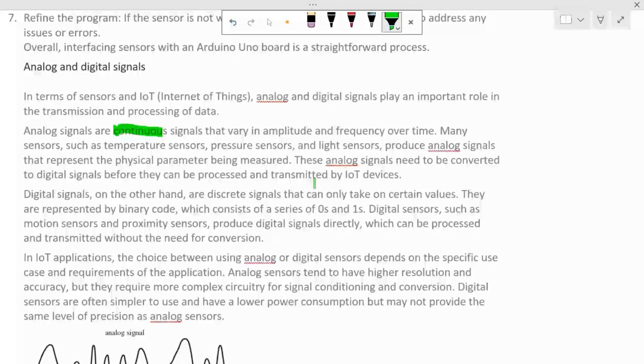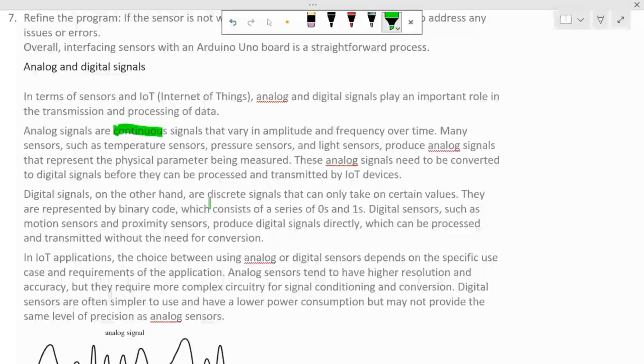Why? Because all the IoT devices, all the microcontrollers, all the digital devices are digital in nature. It means they work on only two states, that is 0 and 1. Digital signals on the other hand are discrete signals that can only take certain values.